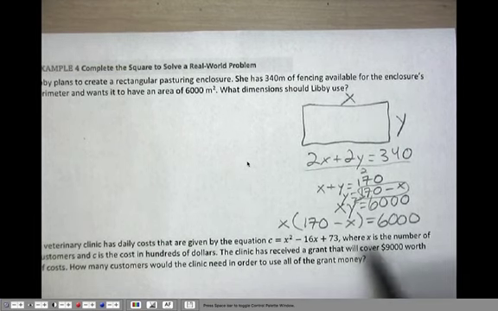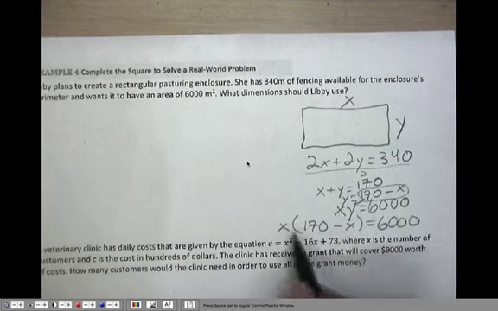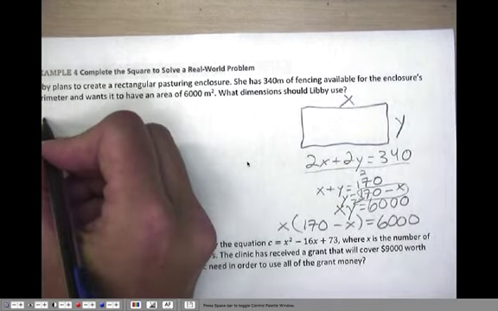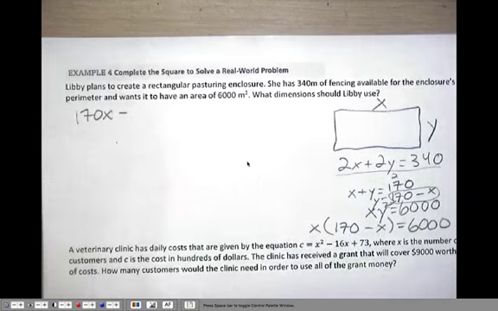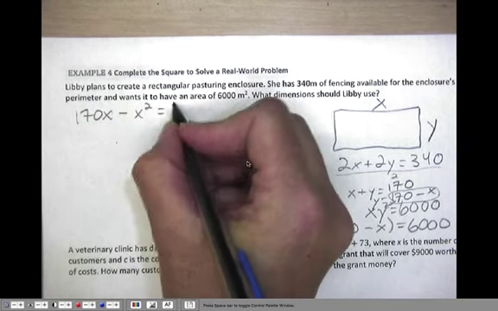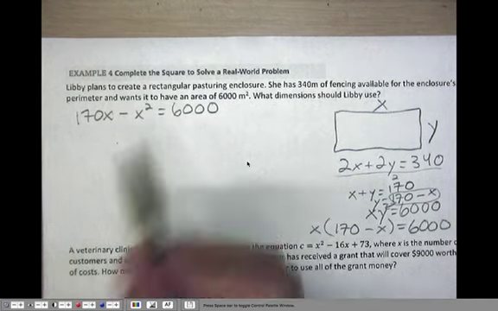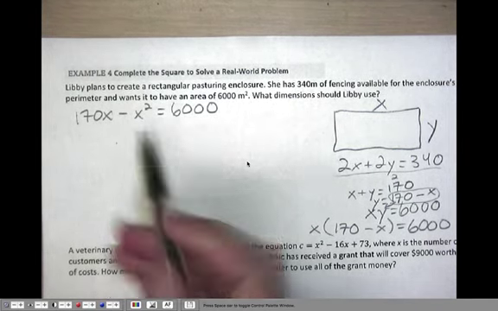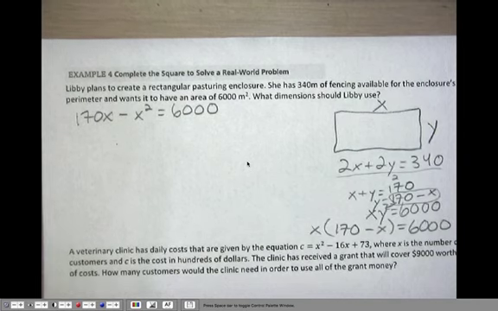So I'm going to distribute this, and complete the square in order to solve. So this gives me 170x minus x squared equals 6,000. Okay, well, we want this in standard form so we don't accidentally divide by 2 and square the wrong value.